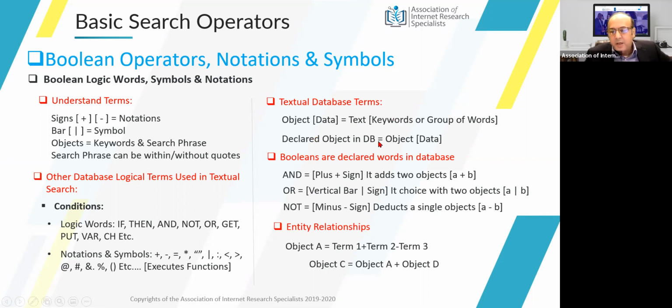Declared object in database is equal to declared object. Again, I explained it to you. Anything that gets declared or comes after on either side of the operators, or as a declared term in the advanced operators, for instance, where you are writing, let's say, filetype colon, and the format that you're going to put, like PDF, whatever comes after the colon sign is a declared object.